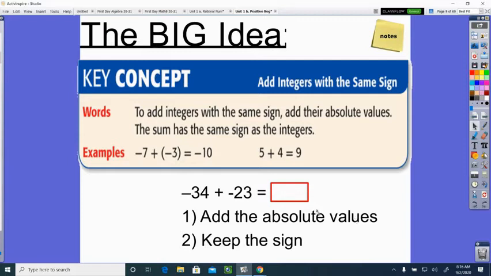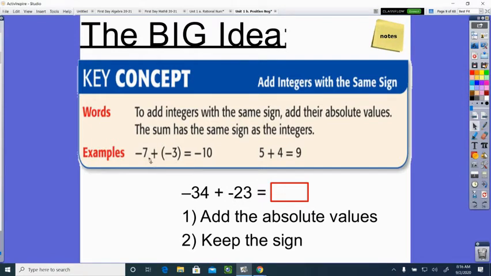So what you do when you're adding numbers that are positive or negative, you take the absolute value. So we kind of think of this as 34, and we think of this as 23. That's what I mean by absolute value. Look at the positives. If they are both negative, you add those absolute values, 34 plus 23, and then you keep the negative sign.